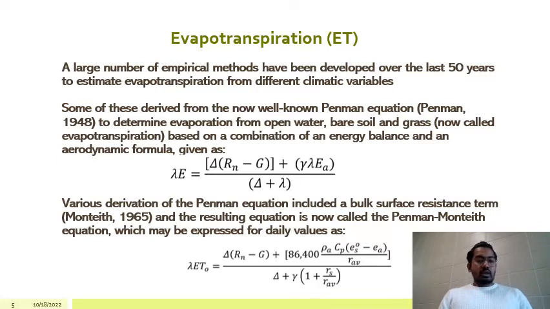This type of formula is given here, and various derivations of the Penman equation include a bulk surface resistance term, by Monteith in 1965. The resulting equation is called the Penman-Monteith equation, which is described here.